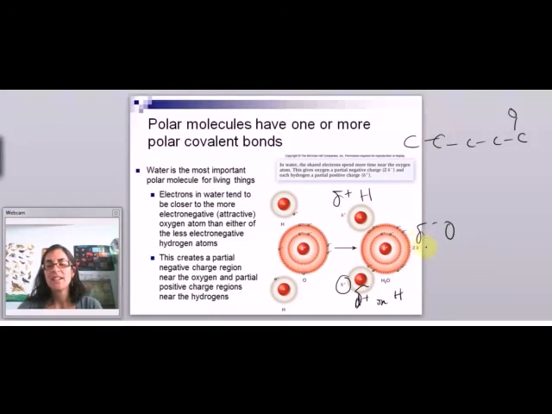And this area is sticky for positive. If you imagine water as a little triangle, you have a sticky part here, a sticky part here, and a sticky part here. And they're going to be sticky in a Velcro kind of way, where you have to have matching parts. This is positive, so it'll stick to negative. This is negative, it'll stick to positive. So polar molecules are going to be sticky, and they'll stick to each other and other things that are charged.